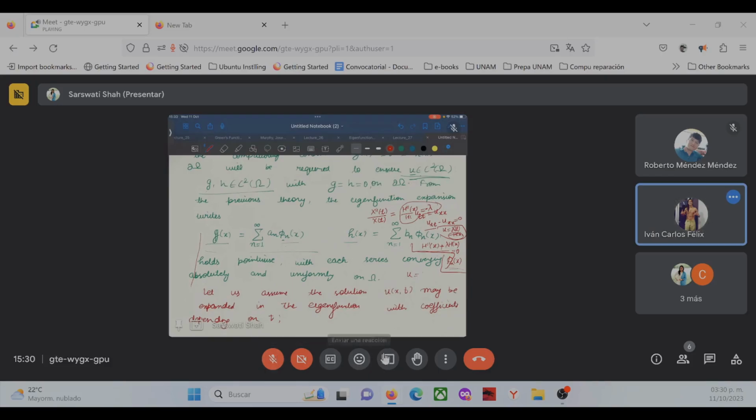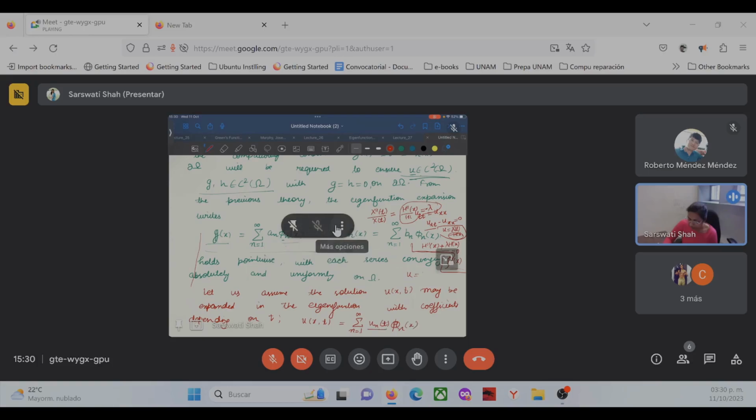Yes. That is, u(x,t) equals the summation, n varying from 1 to infinity, of u_n(t) phi_n(x). We are assuming this is u_n(t), and this is the eigenfunction phi_n(x). u_n(t) is there because if we express X(t) over h(x), this is X'' over X plus lambda equals 0.